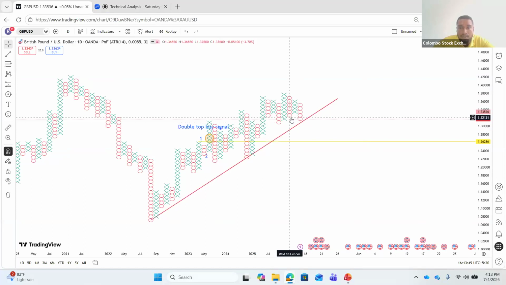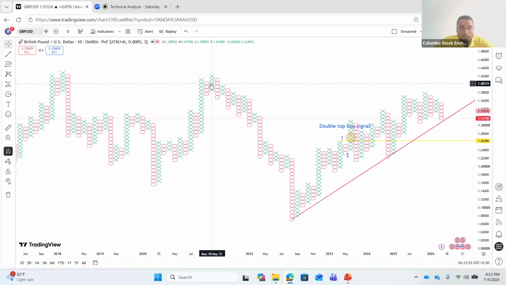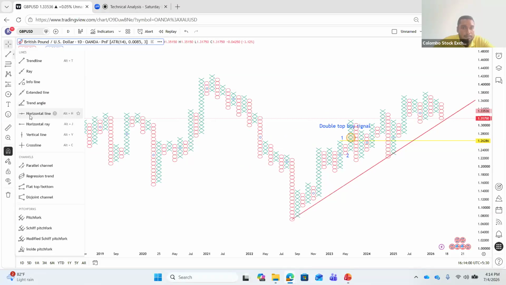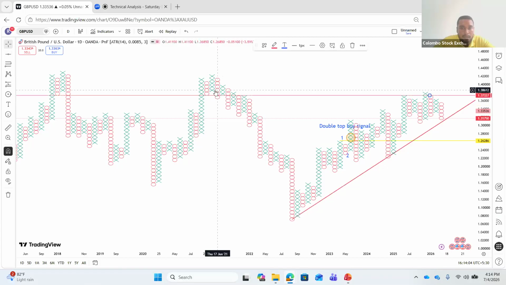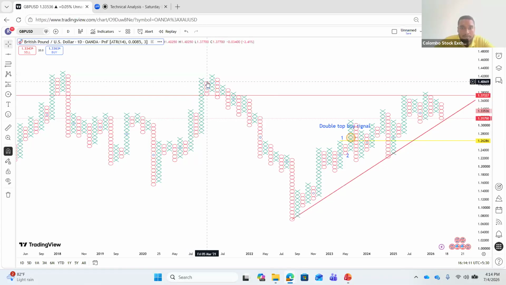This is a sell signal, but it's in an uptrend. Here you can see a column of O's, and then some reversal.